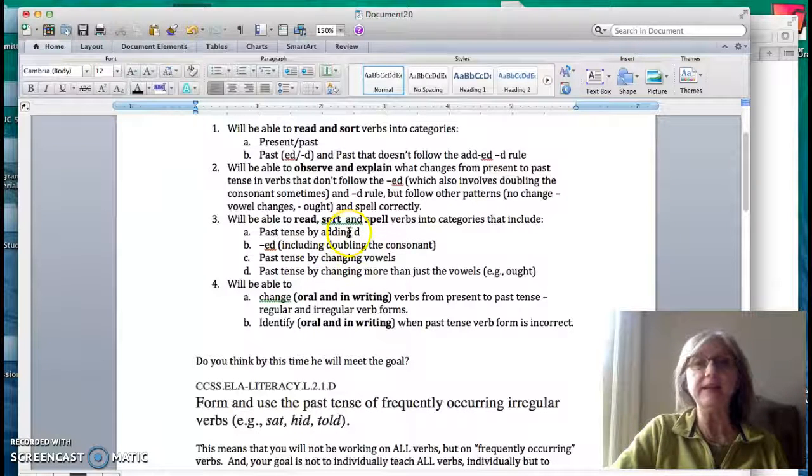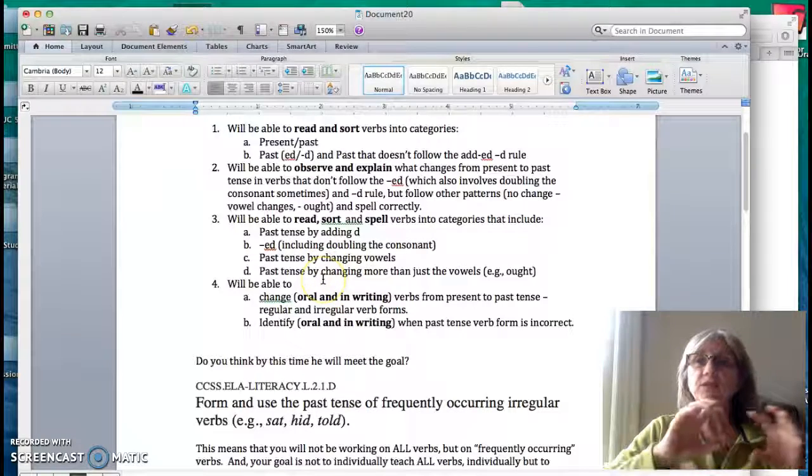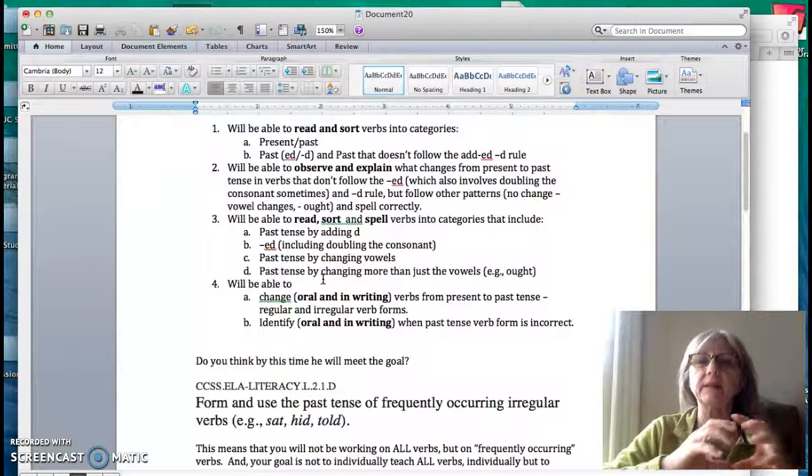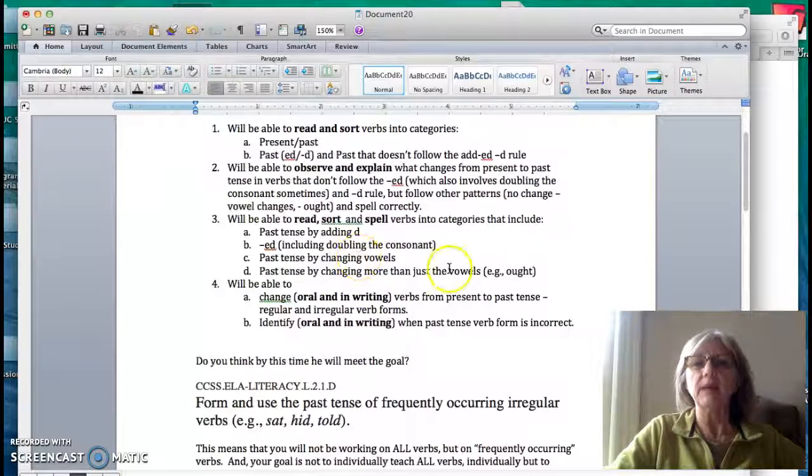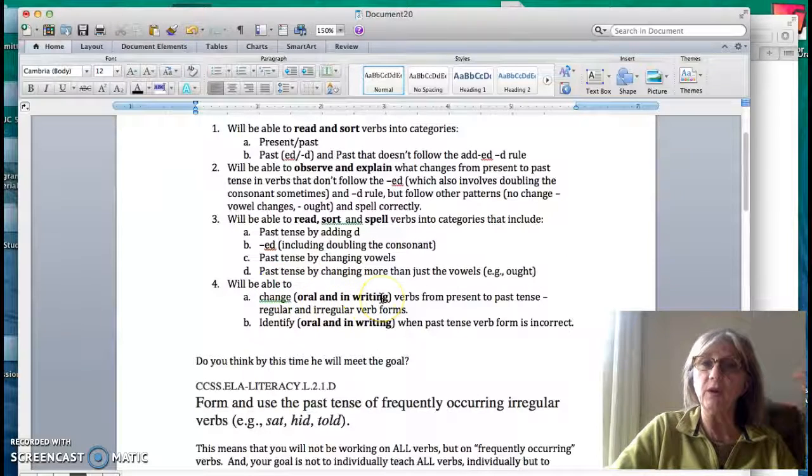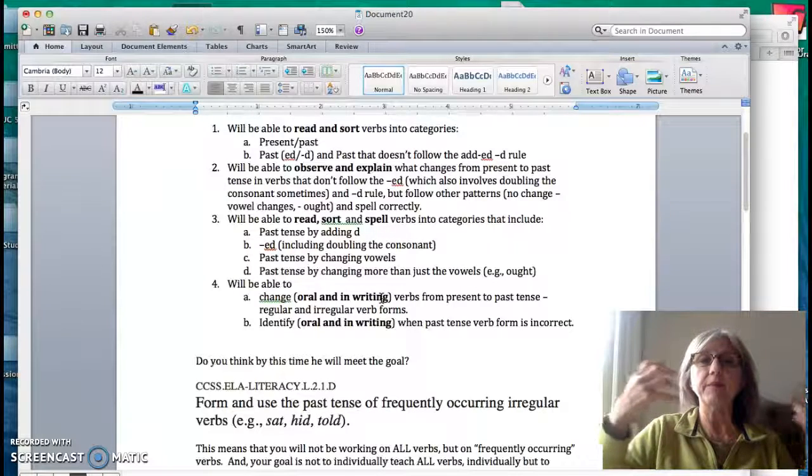Those that just add a d, those that add ed, but that includes some words where you double the consonant and add ed, past tense where you change vowels, and then past tense where you change more. Something else happens. It's more than just a vowel change. O-U-G-H-T is an example.